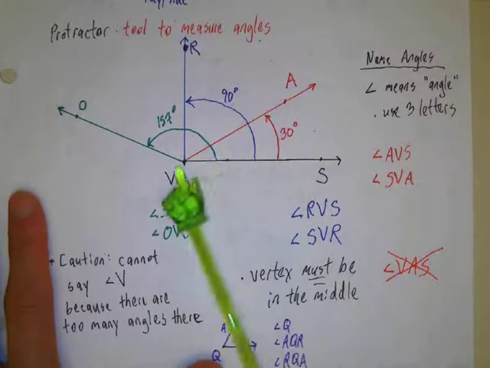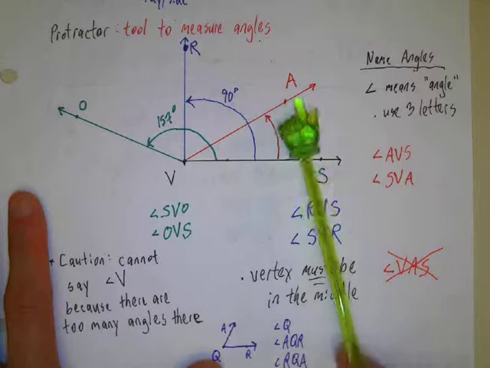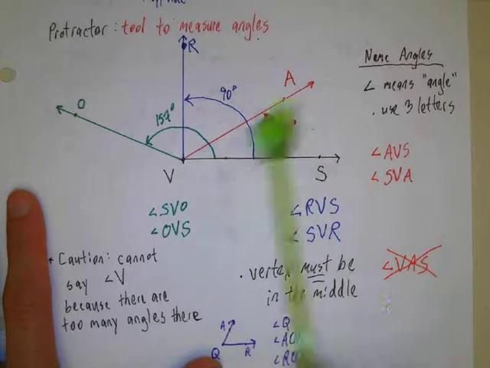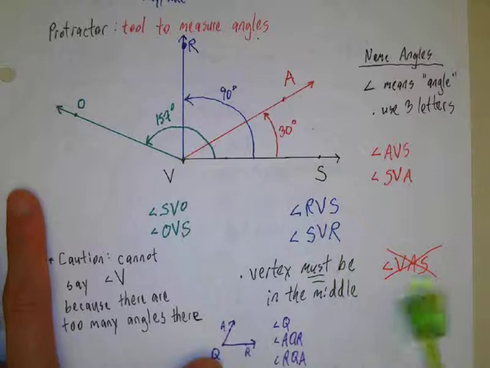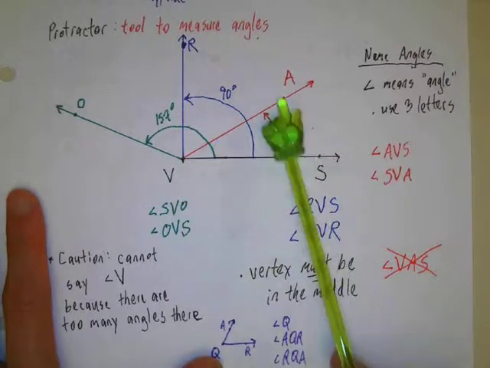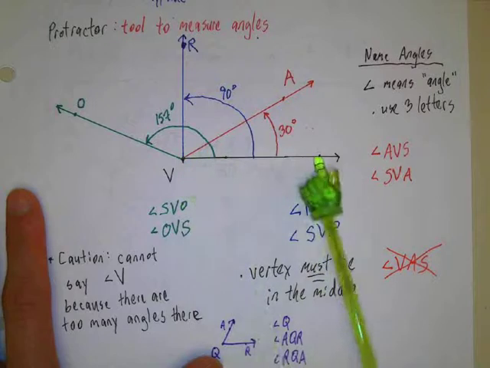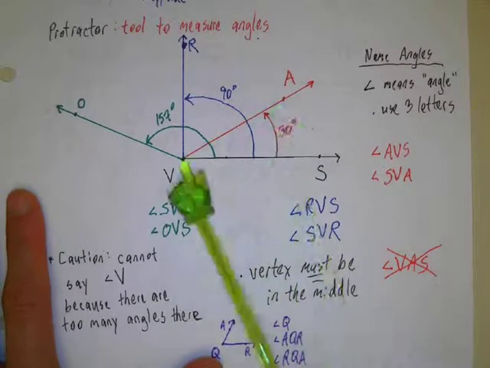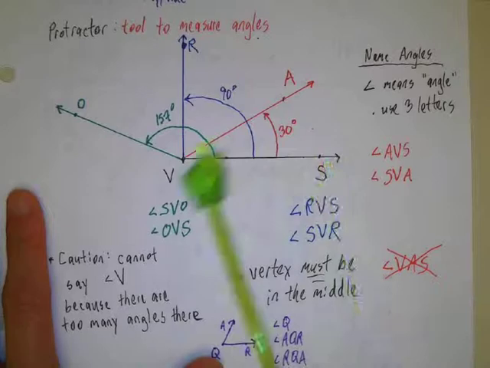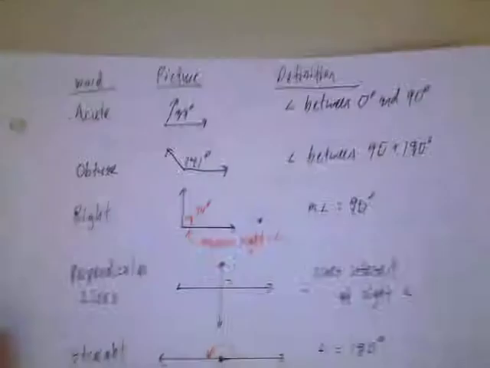So this is angle AVS or SVA. But be careful, this is not angle VAS, so you can't go VAS. So what we said was to just trace the 3 letters, and when you say those 3 letters, it should trace that angle. All right, so that was the beginning.